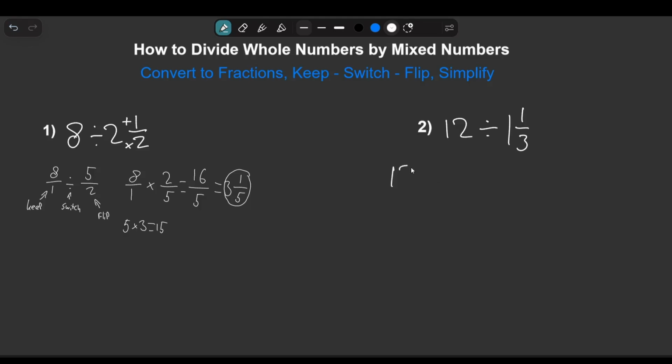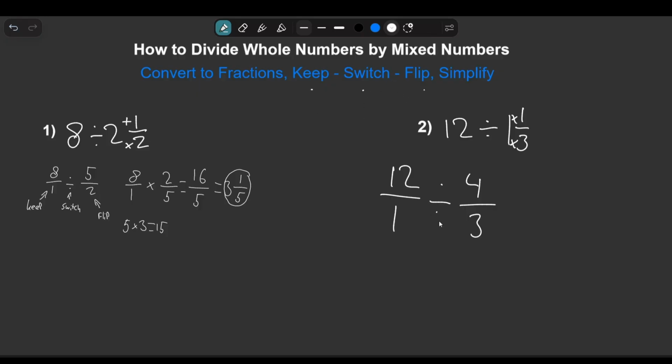So for whole numbers, we just do like this, and for the mixed numbers, we do 2 steps. We multiply by the denominator and then add the numerator. So 3 times 1 equals 3, plus 1 equals 4. So we get a numerator of 4, and we keep our denominator.